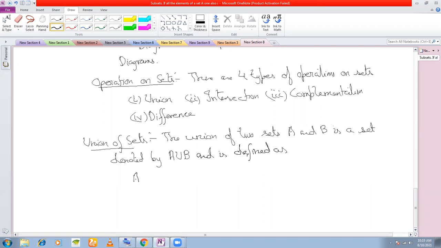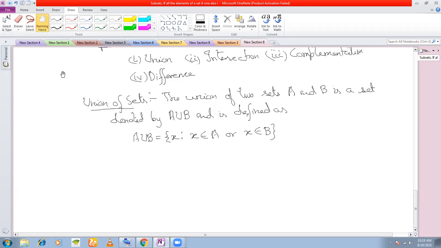A union B is equal to X such that X belongs to A, or X belongs to B. Union is always associated with or. Okay, this is how we define the union of sets.